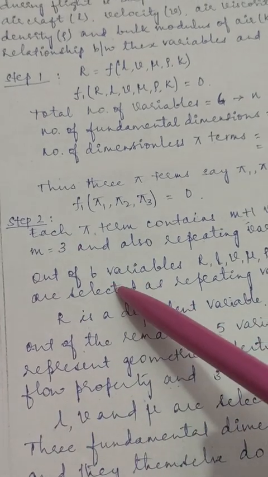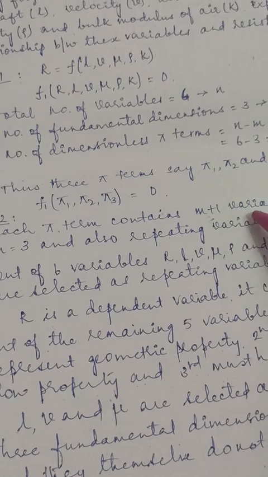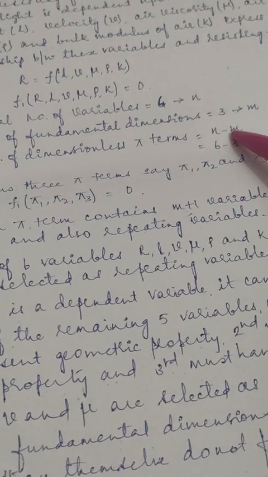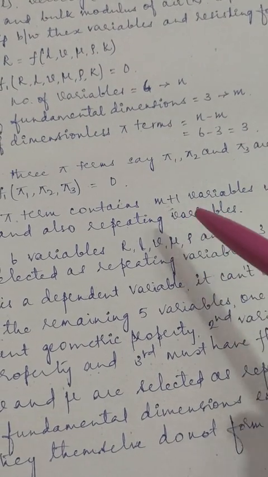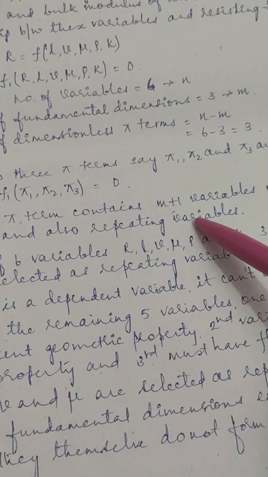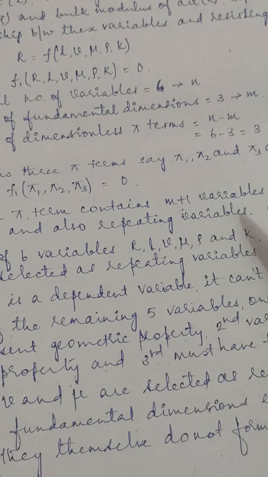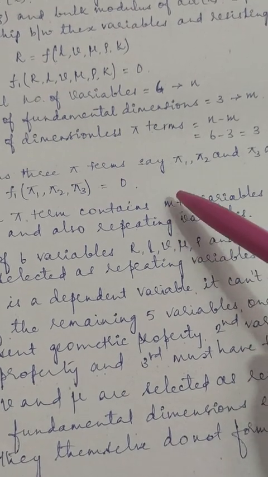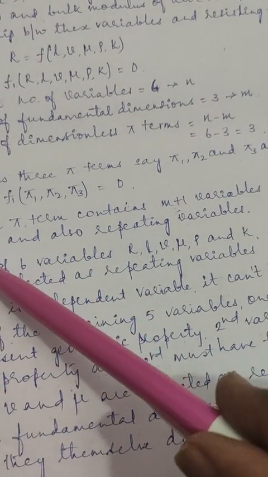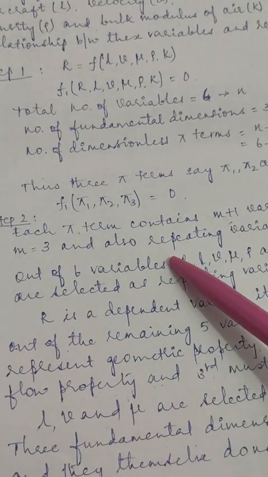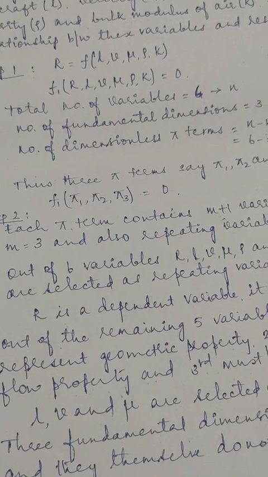Now the next step, step 2. Each pi term contains m plus 1 variables. Here m is equal to 3, so each pi term will have 3 plus 1, that is 4 variables, where m equal to 3 are also the repeating variables.